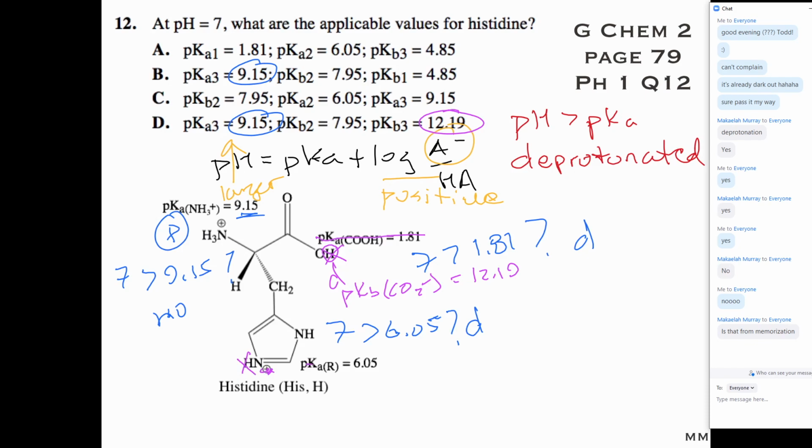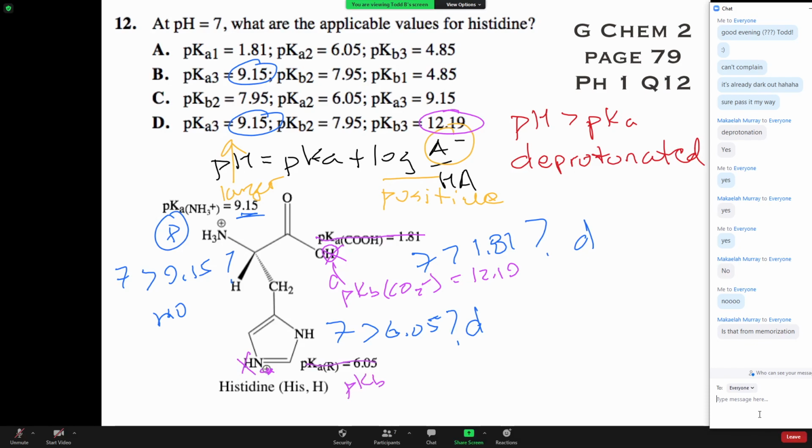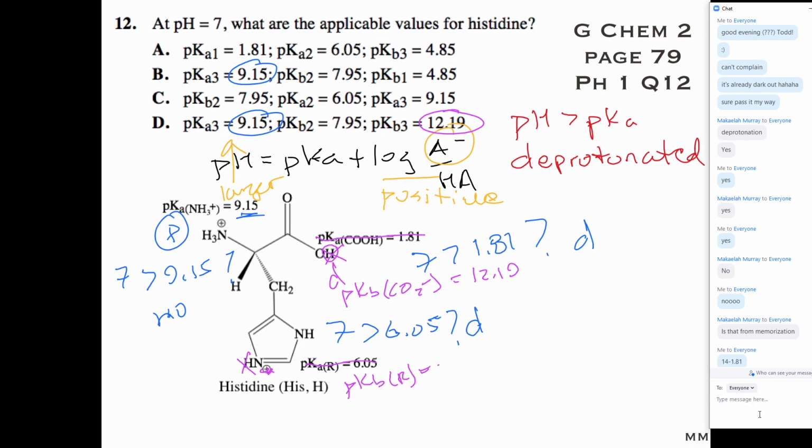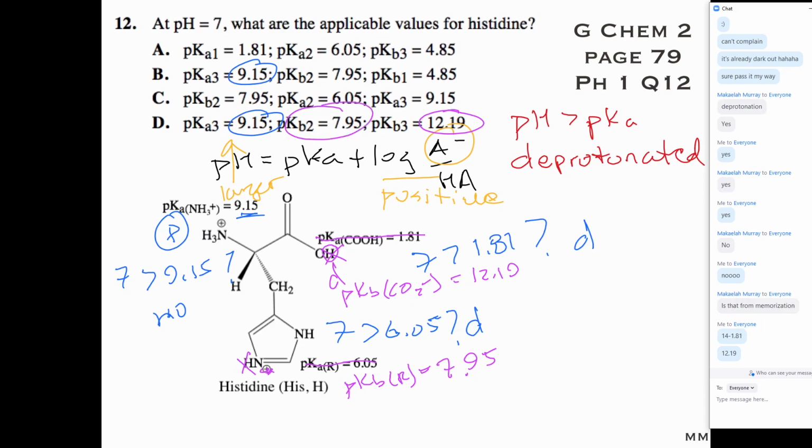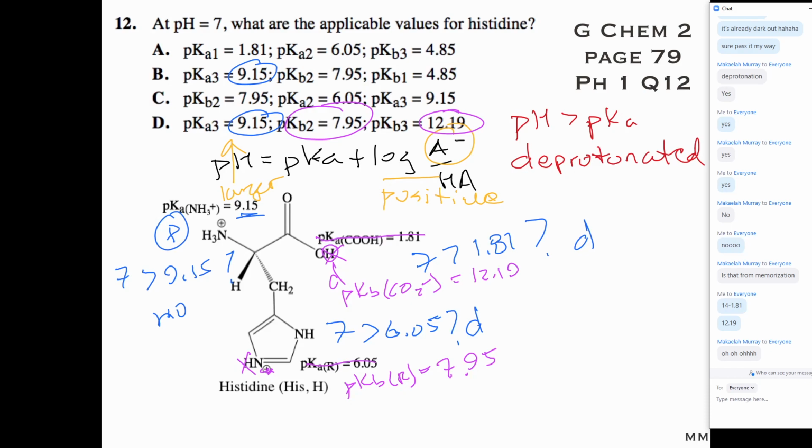And now this is going to worry about a pKb of the R group equal to 7.95 because it's in deprotonated state. Yeah, exactly. Oh, no. I'm sorry. Yeah, exactly what Jonathan said. 14 minus. So pKa plus pKb equals 14. So if you know what pKa is, just subtract it from 14 and you get pKb.